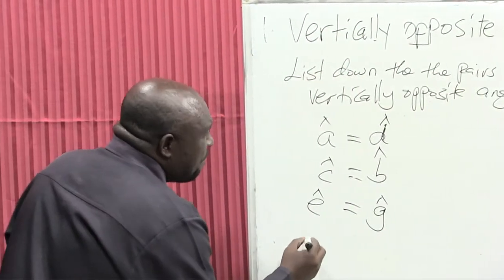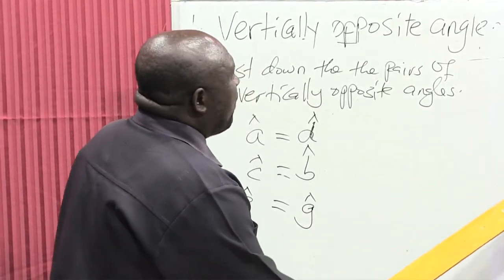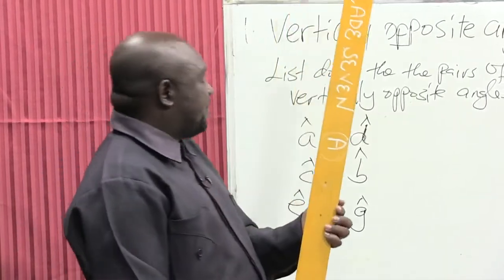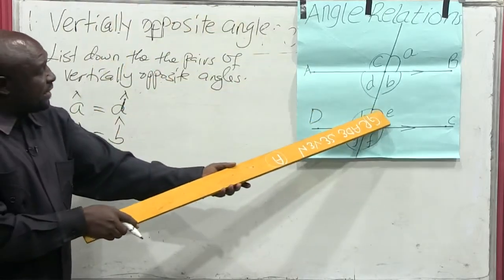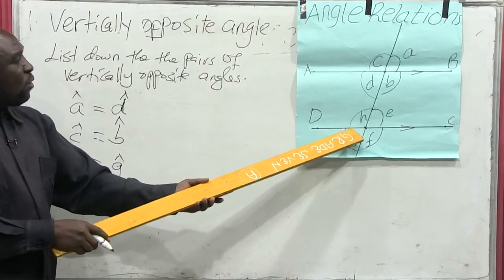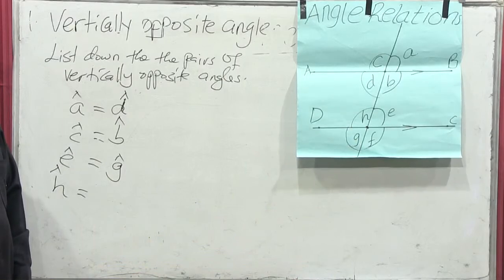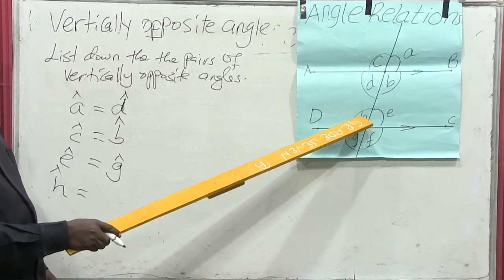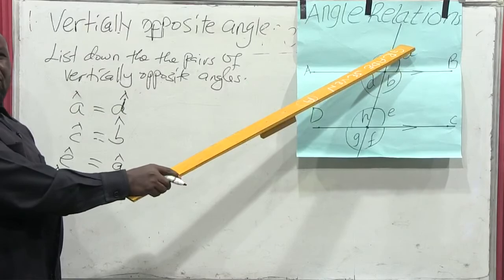Another angle pair which are vertically opposite, angle H. Angle H, this one, equals to angle H equals to A. No, say no. Why?